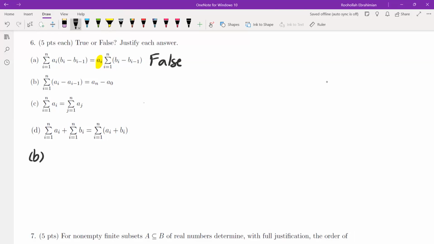Part B is called a telescoping sum. And this one is in fact true.